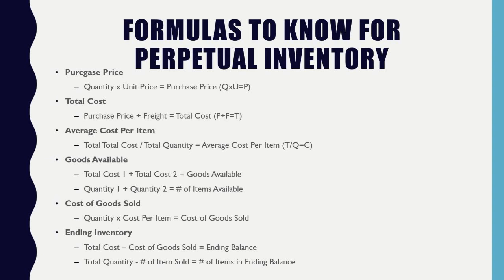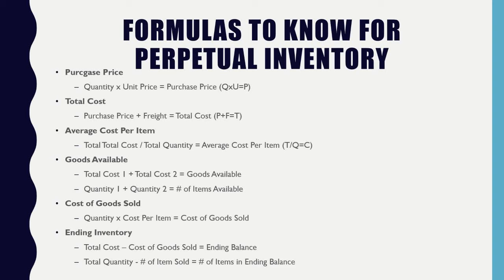So once again, here are the formulas that you will be looking at. Here is what's different: you're still going to get those standard 3 formulas, solving for the purchase price and solving for the total cost. The only difference in that third formula is, instead of calculating a cost per item, we are now focusing on calculating the average cost per item.